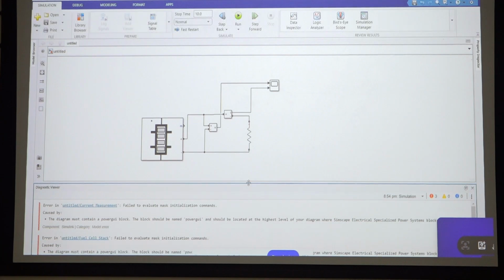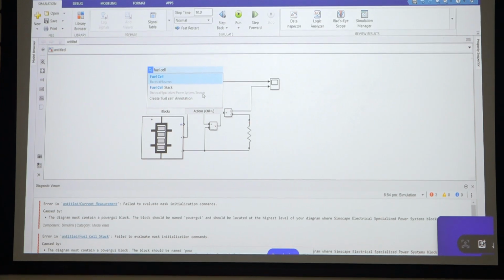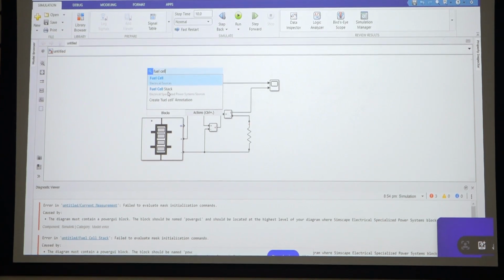That means this circuit is not complete, because we are taking the fuel cell from, if we go again to fuel cell, the library named Specialized Power Systems or Sources.